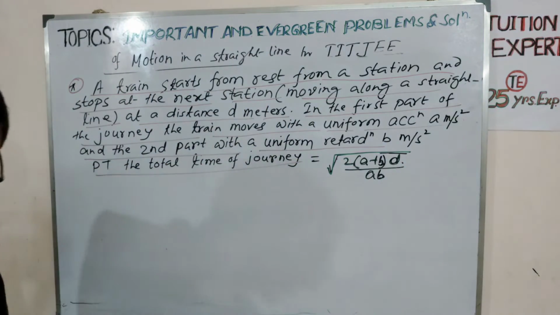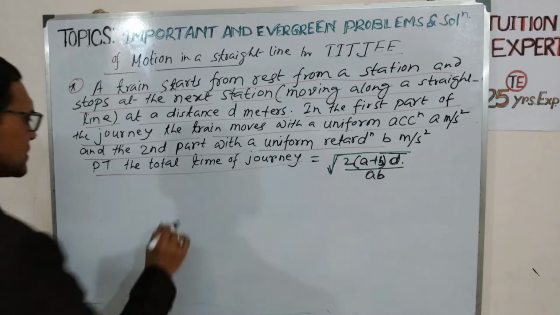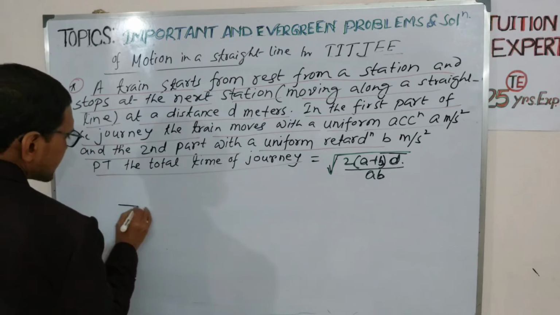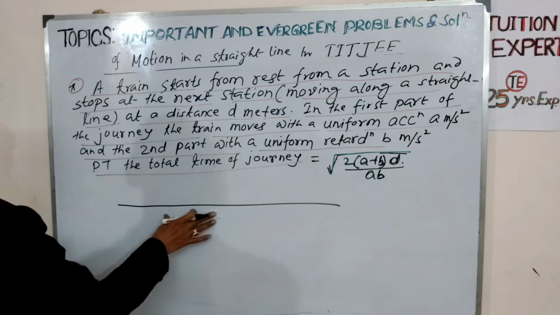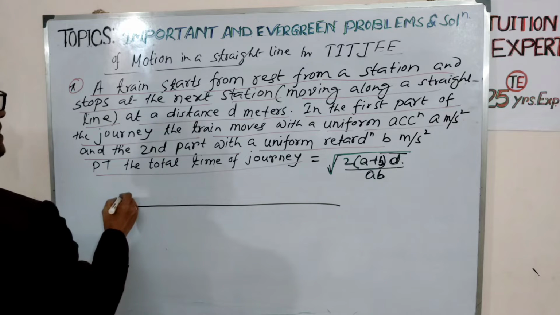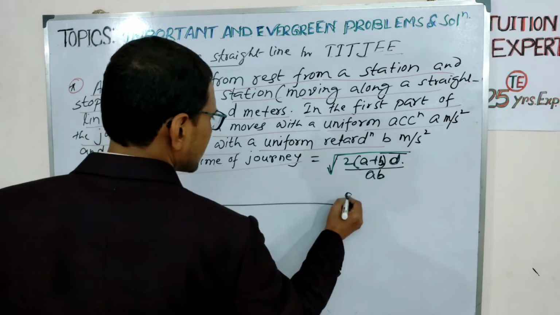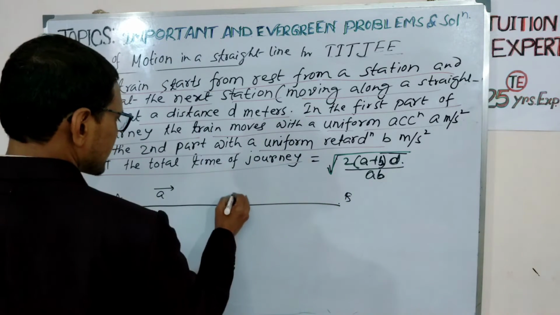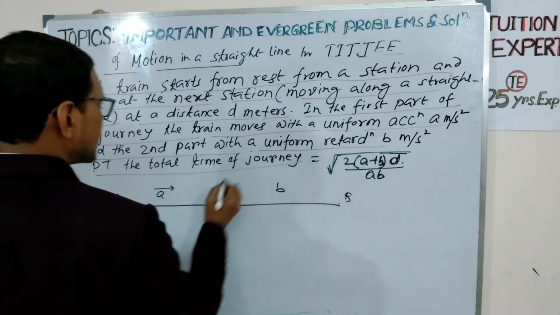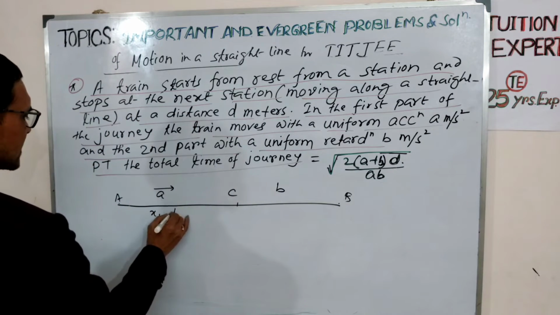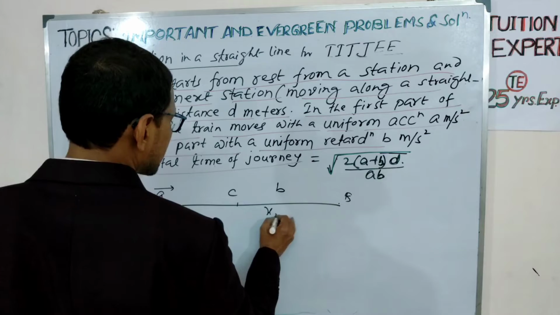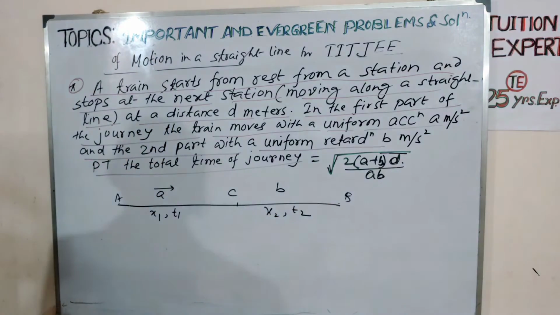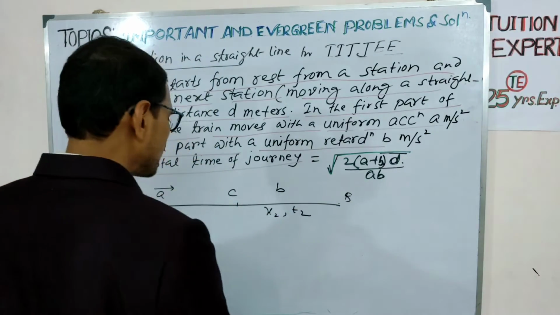So here the problem is like this. This is the path of the motion of the train, starting from rest. This is station A and this is station B. First part with acceleration a and second part with retardation b. Now the distance traveled is x1, time taken t1, and here distance traveled is x2, time taken t2.